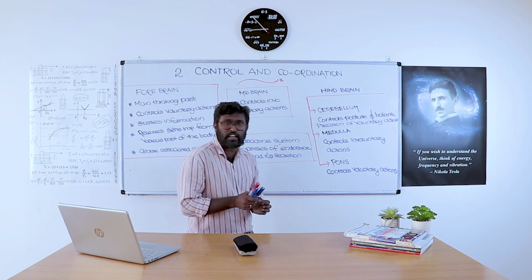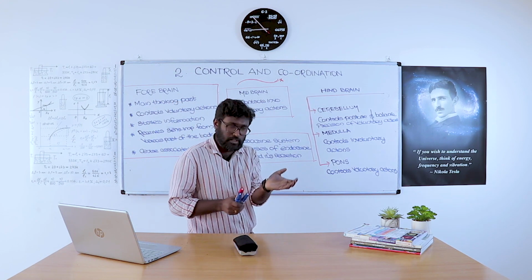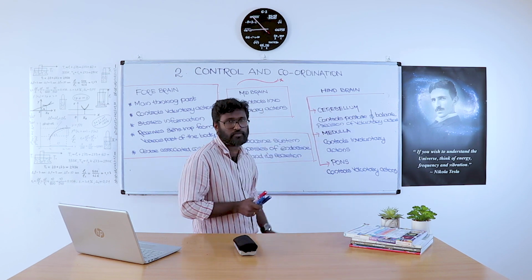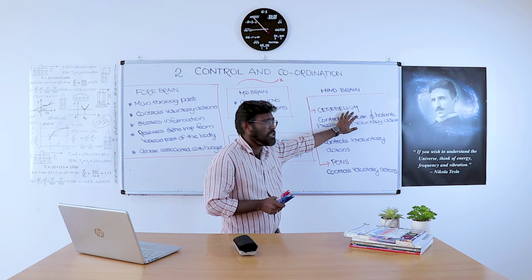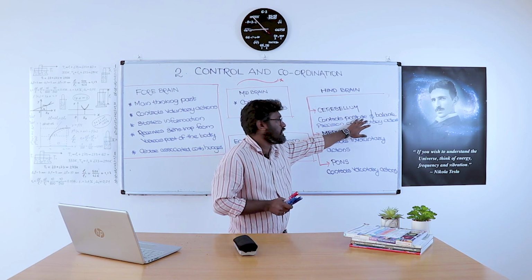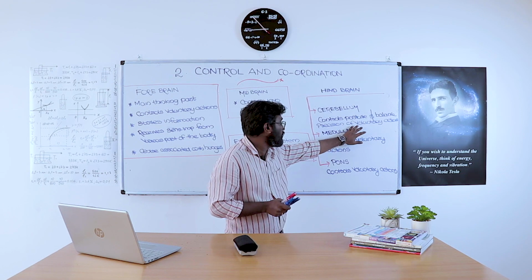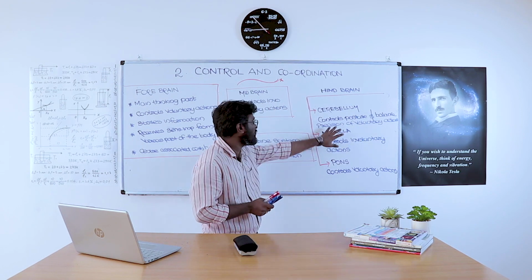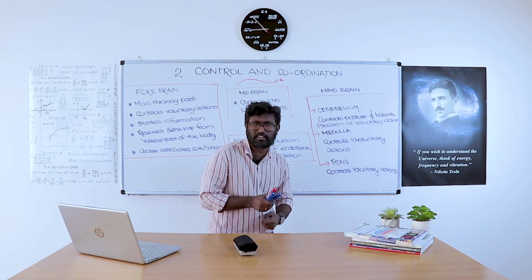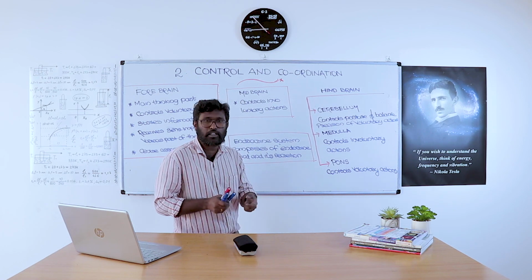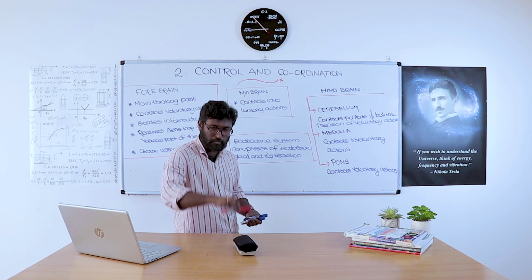The hindbrain is again classified into three parts: cerebellum, medulla, and pons. The cerebellum controls posture and balance and the precision of voluntary actions, not involuntary ones. That means, for example, picking up a pen from a table.